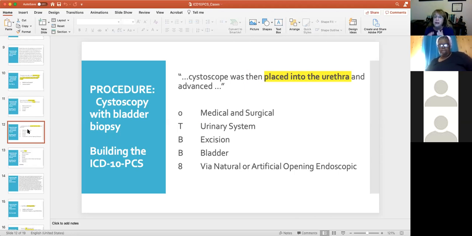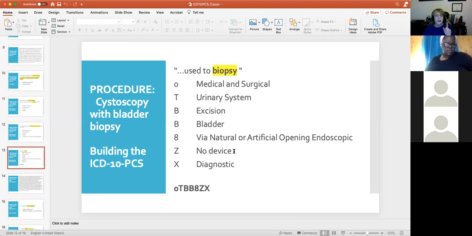The urethra is a natural opening to the outside of the body. The cystoscope is an instrument. So 8, via natural or artificial opening endoscopic, is the approach. Good?